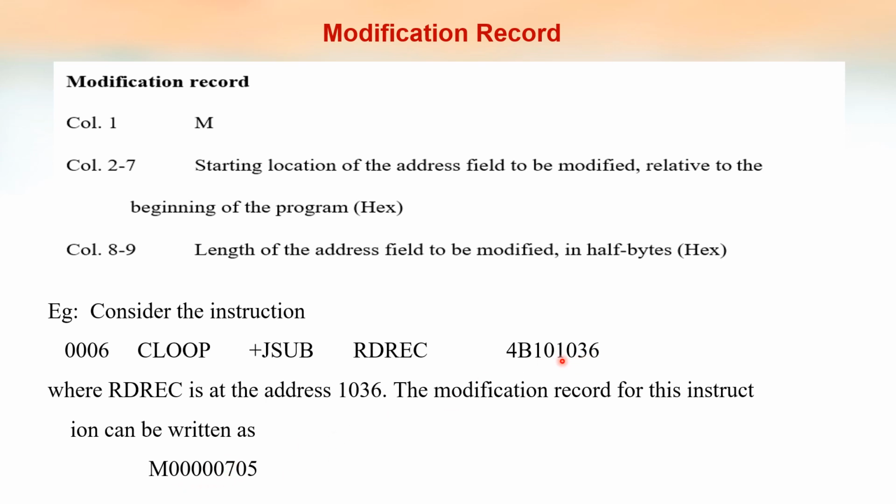And then the length in half bytes, the length of the address field to be modified. For a format 4 instruction, the address field is always 20 bits. So 20 bits represented in half bytes means 5 half bytes. So this value will be constant for every modification record for format 4. That is 05.